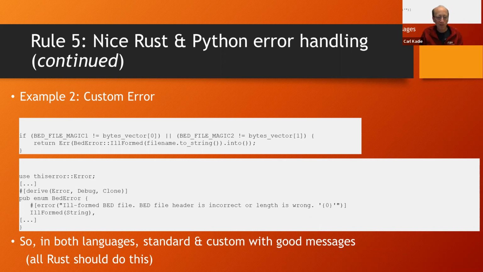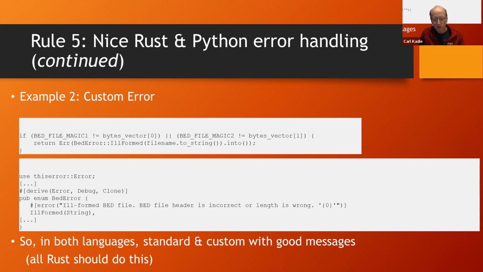And now we define as many of these as we want. These are our custom errors plus those system errors, and now we've covered all the errors, and they all have nice appropriate parameters to actually be useful to people, and they'll all get translated to Python.